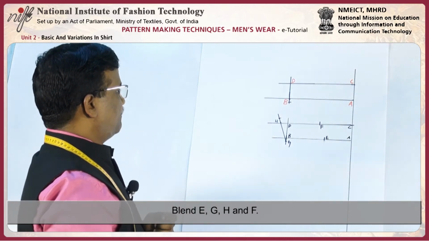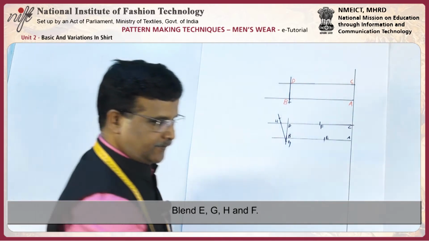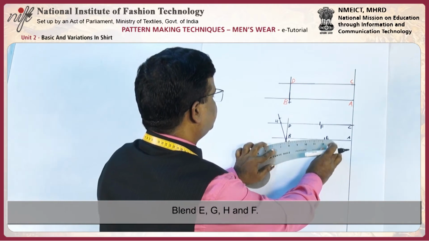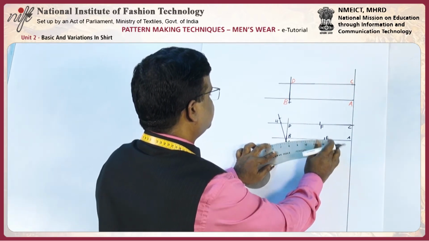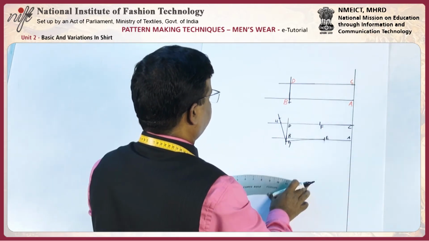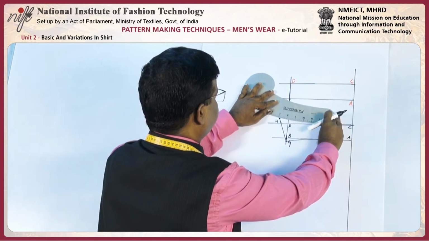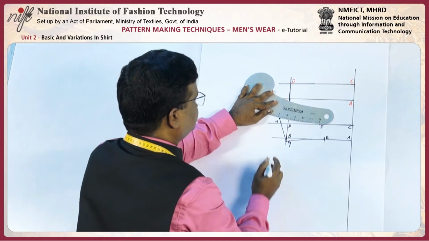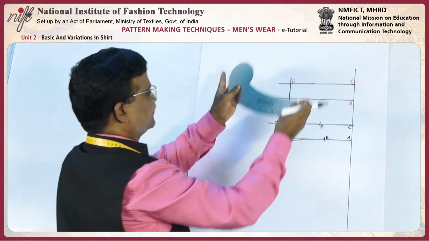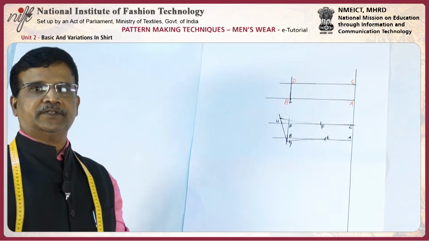Now blend G and E, H and F using a French curve. With this, collar measurement is over.